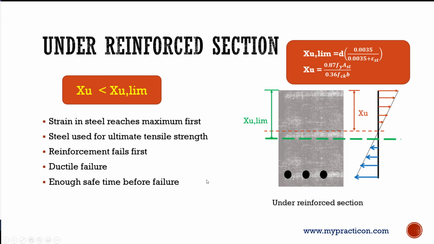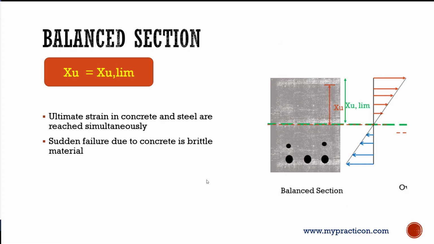And now come back to the balanced section. In the balanced section, since both reach the ultimate strain simultaneously, there is a chance that concrete may fail and steel also fails at the same time. But however, compared to the over reinforced section, balanced sections are better. Sudden failure may also occur due to the concrete brittleness.